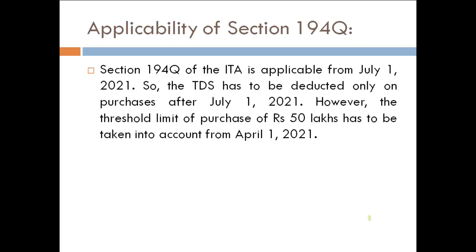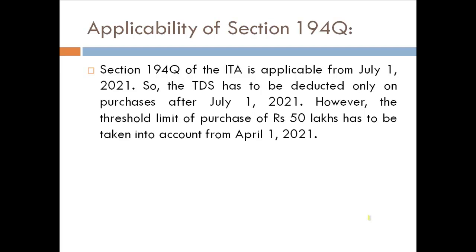Applicability. Applicability of Section 194Q of the Income Tax Act is effective from July 1, 2021. So the TDS has to be deducted only on purchases after July 1, 2021. However, it has a retro effect.